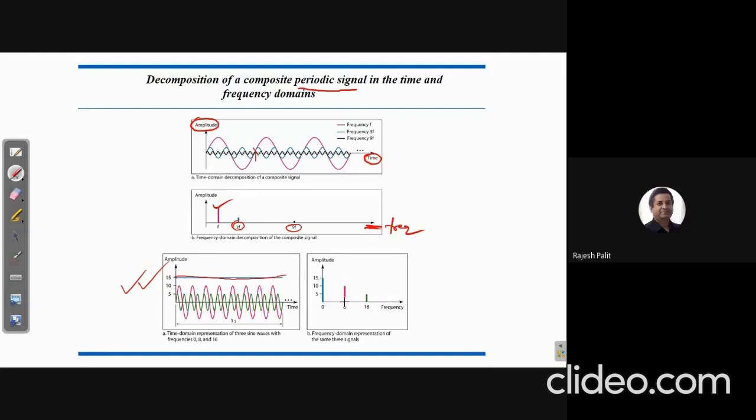Then the pink one is 8, because in 1 second there are 8 full cycles. And the green one is double, in 1 second there are 16 cycles, so the frequency is 16. So this is the time domain and this is the frequency domain.